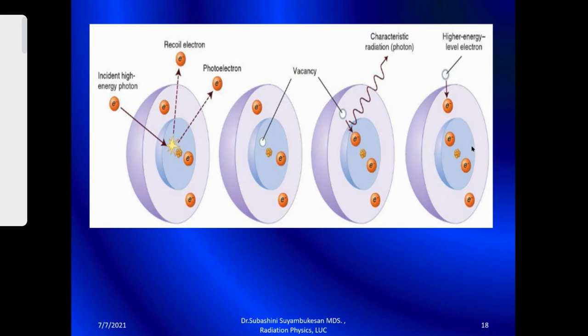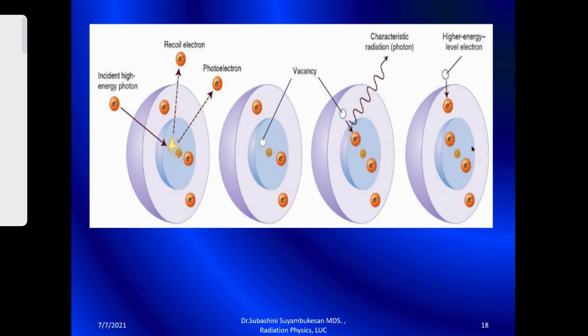The electrons which are closer to the nucleus will have maximum binding energy, and you need more energy to remove that electron, to knock out that electron. So when the energy of the incident electron is very high, it will knock the electron from the innermost shell. If it is very less, it will only attack the outer peripheries.